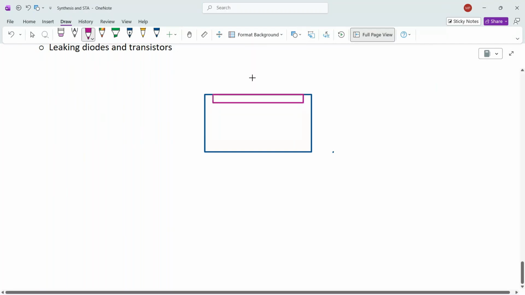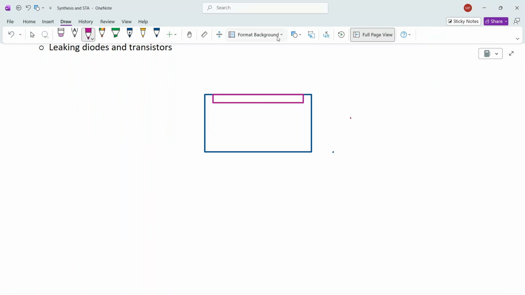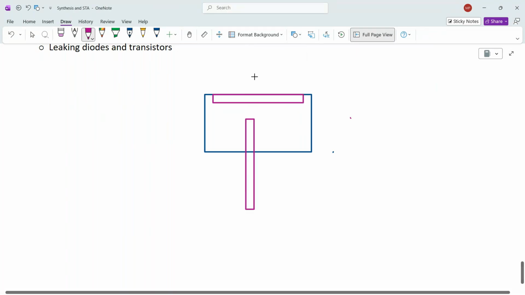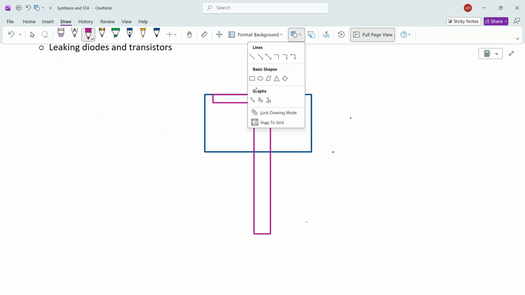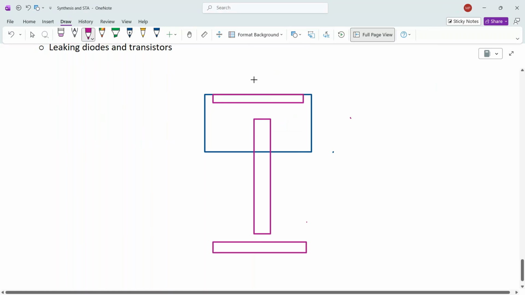This is VDD here. Polysilicon, where the gate is present, here. VSS, here VSS.